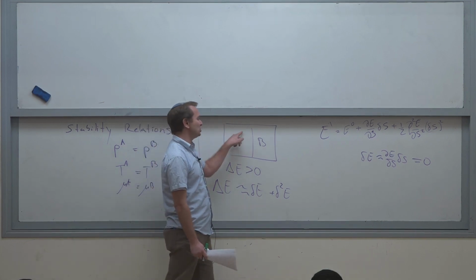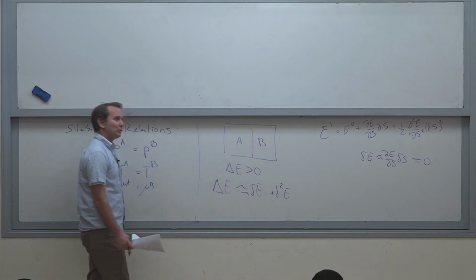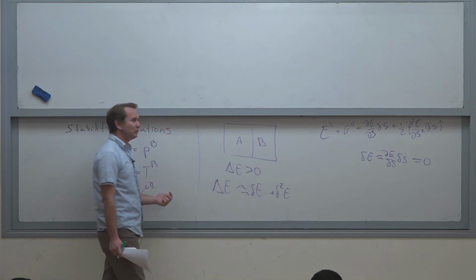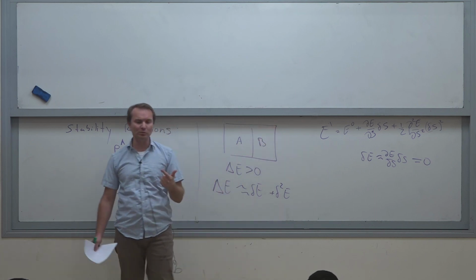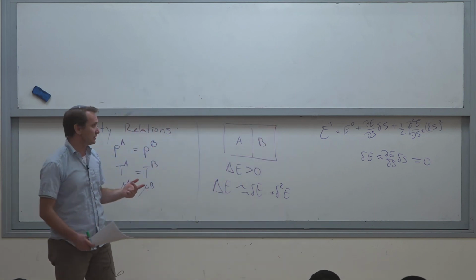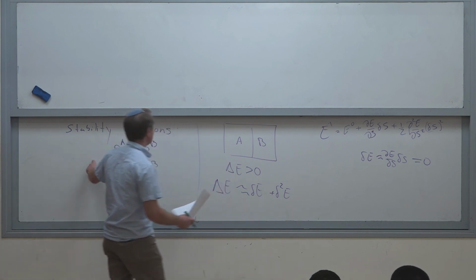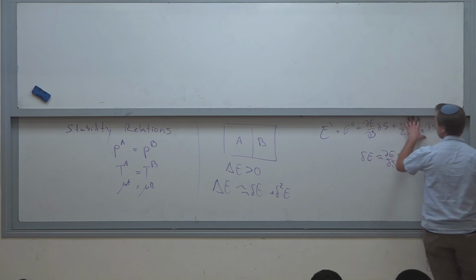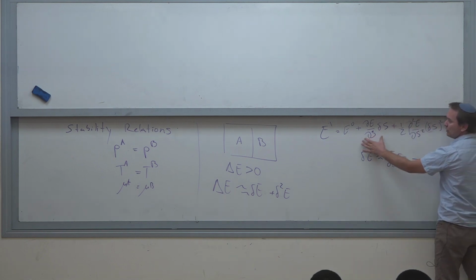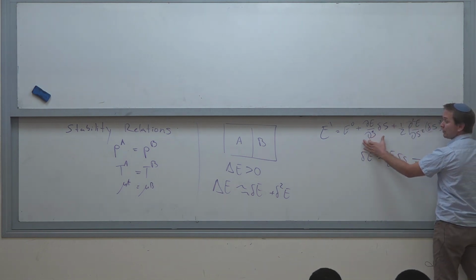They can switch particles from one to another, they can switch entropy from one to another, they can switch volume, but the total entropy, volume and number of particles is kept constant. So those relations were obtained when we neglected the second order and used only this part. This part basically says that we are at a minimum. This is why it has to be 0.